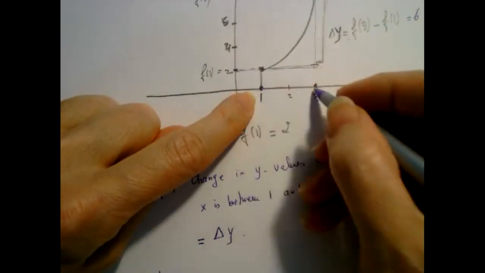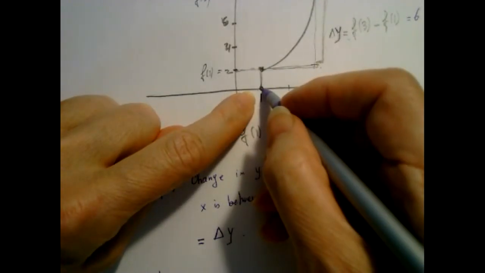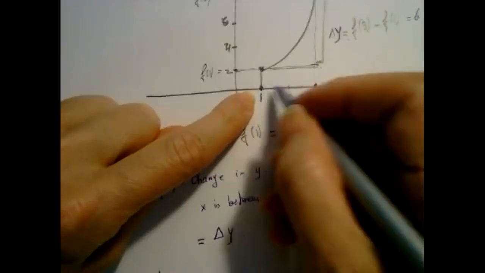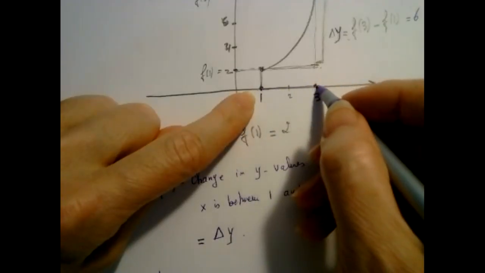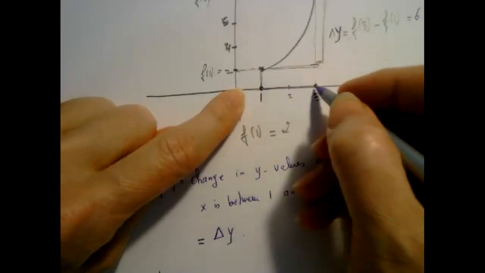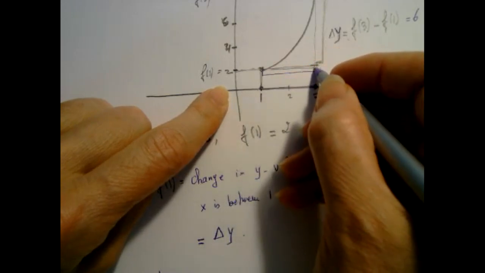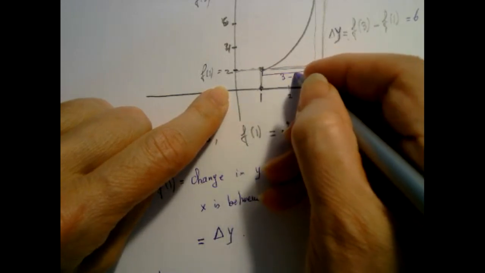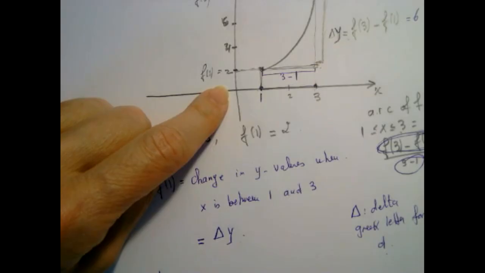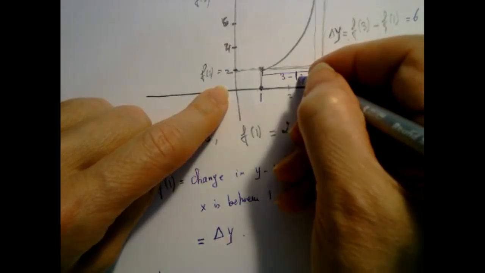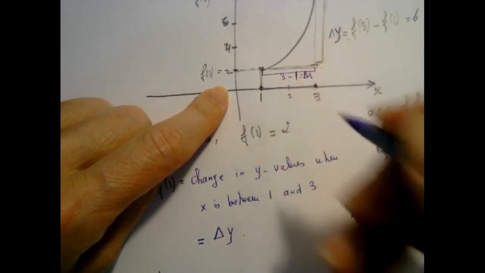You are at 1 and you go up to 3. By how much did your x value change? The distance from here to here, this horizontal distance, is the 3 minus 1. And this is what we call delta x.